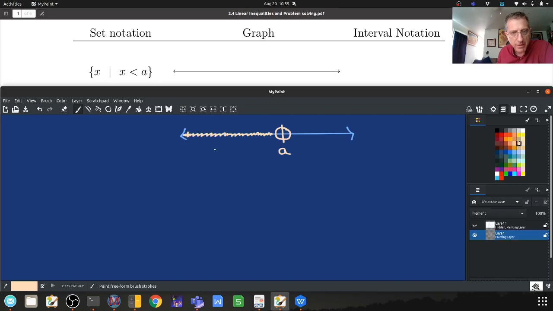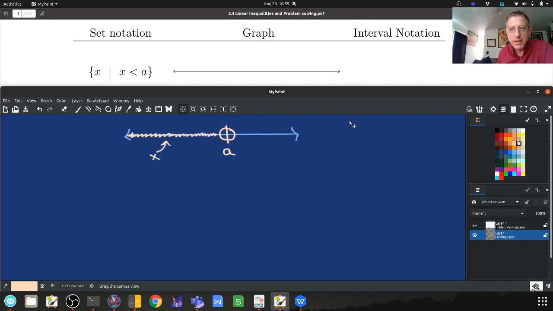That's what that arrow denotes. And the x's live down here. So this graphically denotes the set of all numbers x that are less than a, because when you go left on the number line, you're less than a. And the circle right here, which I've made larger and exaggerated, means that a is not included.